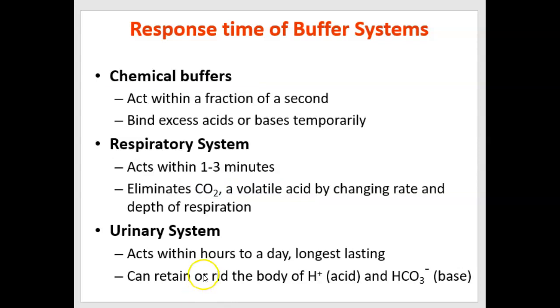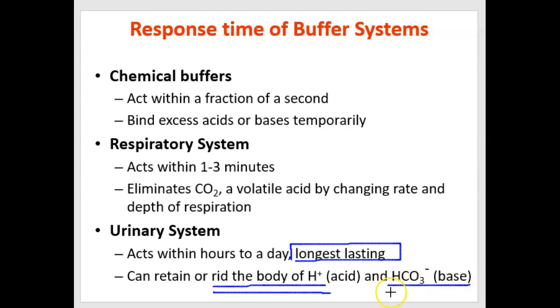Now, the urinary system is the last to kick in, but it will last the longest as well. It acts within hours or a day. And this can directly rid the body of hydrogen ions, or retain them, but usually rid the body of hydrogen ions, and retain base, or rid the body of base.